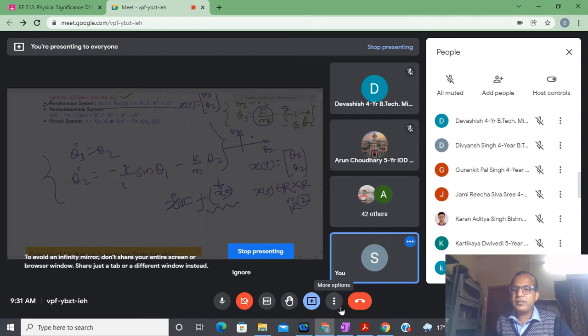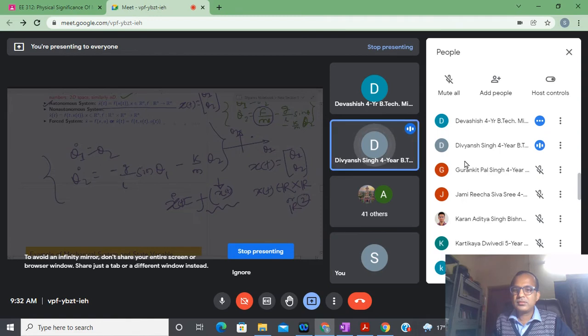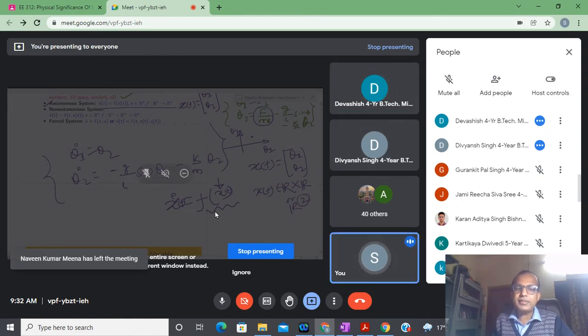Divyans Singh, are you here? I am asking about f(x). For the pendulum system, is that a scalar or vector? Sir, vector. Yes, obviously that is a vector quantity. Could you now tell me, since f(x) is a vector quantity, how to represent that vector, what kind of column vector is that?